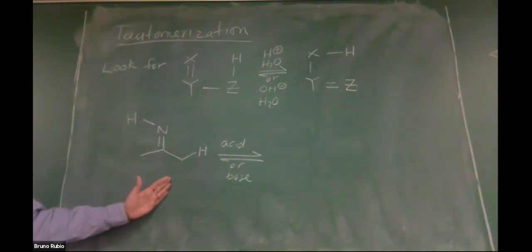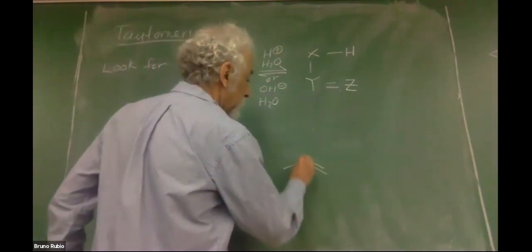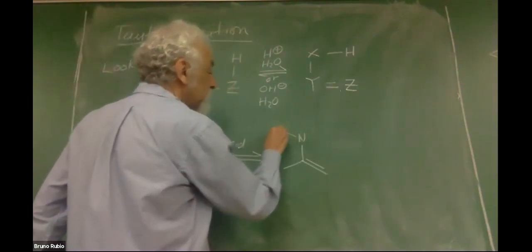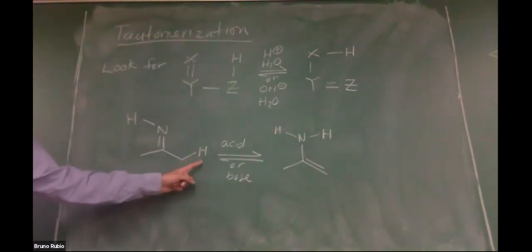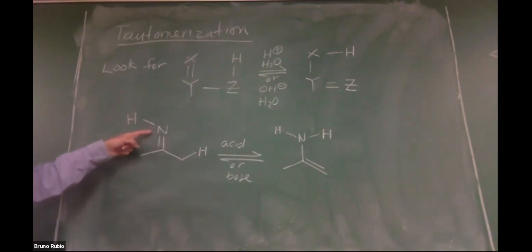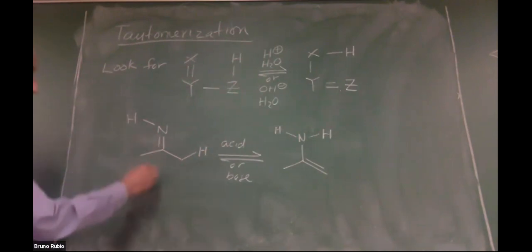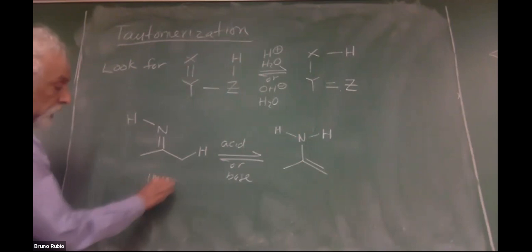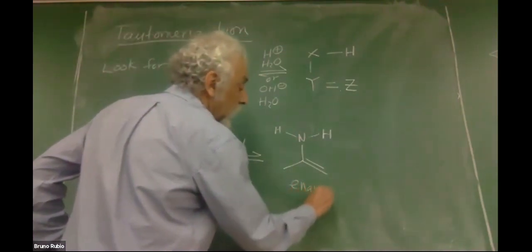So this can undergo this tautomerization also, where the double bond and the single bond change places, and the hydrogen appears to jump from what used to be the single bond end to what used to be the double bond end. This tautomerization also has a name. This is the imine. And this, this is called the enamine.